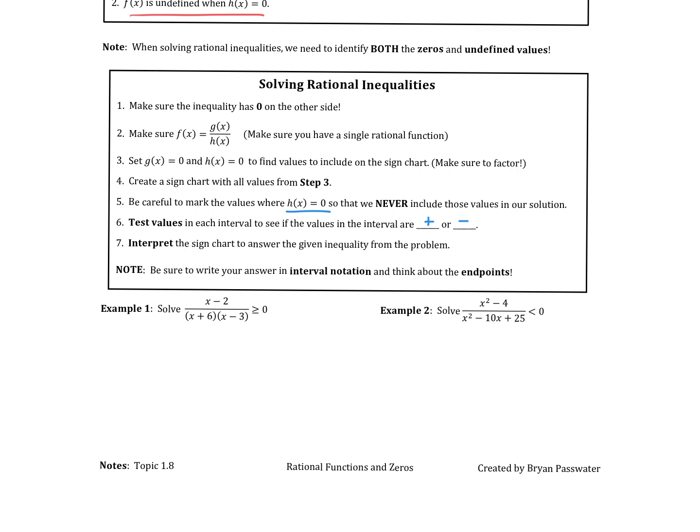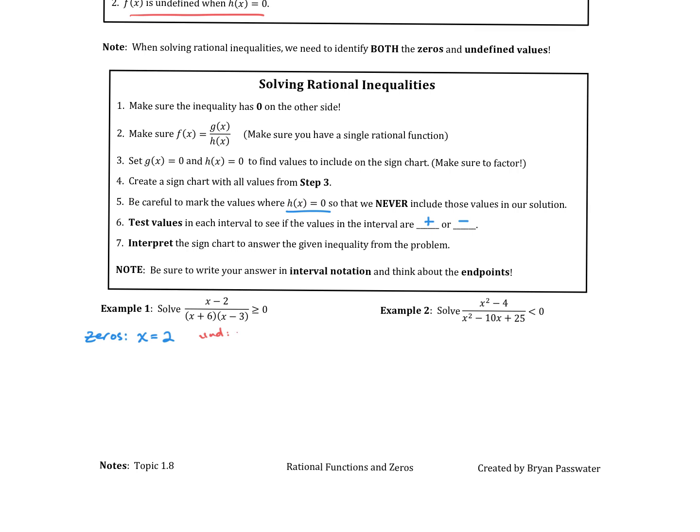Example 1: we have this rational function, and we're going to find zeros and when things are undefined. How do we find zeros? Set our numerator equal to 0. So we get zeros at x equals 2. When is it undefined?